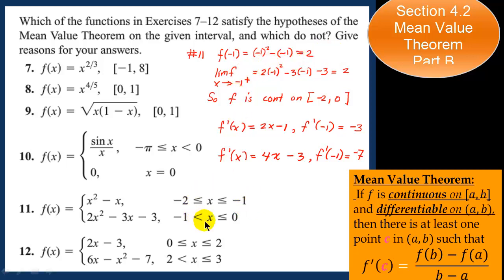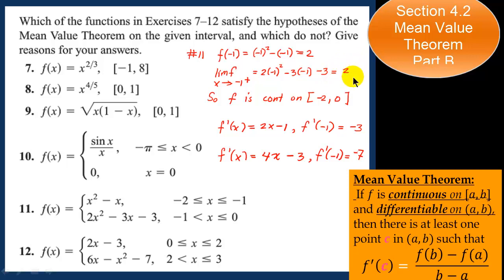Well, since the function is defined as 2x squared minus 3x minus 3 from -1 to 0, that means we will use this function, where we will plug in the value of -1 to find its limit. So the limit of the function as x approaches -1 from the right is equal to 2 times -1 squared minus 3 times -1 minus 3, and that is equal to 2.